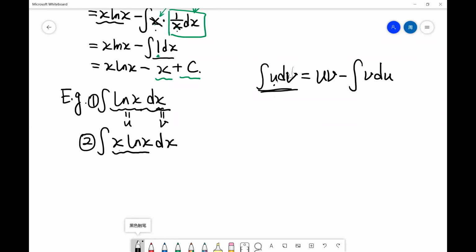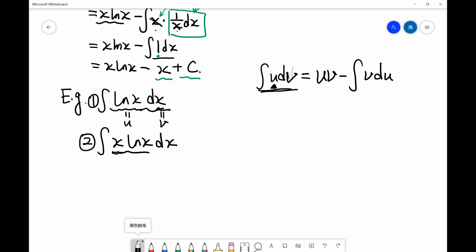From the formula, u should be one single function that cannot be composed of two functions. So we should think about how to select one function to be u, and the other, obviously, is v, right?